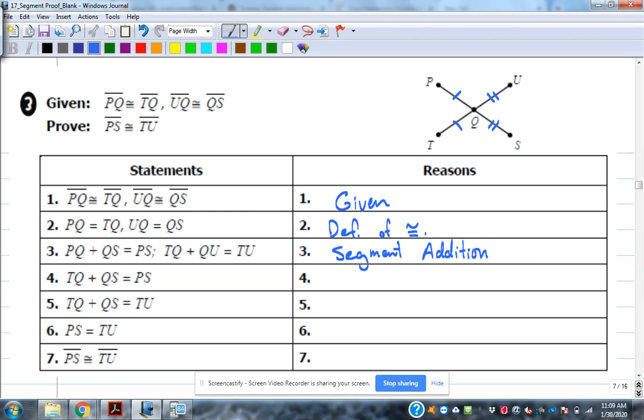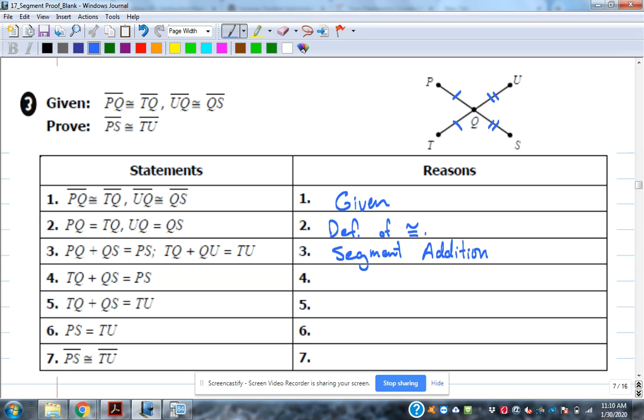All right. And then it says TQ plus QS is equal to PS. Okay, what else was equal to PS? It was PQ plus QS. What's changed here? There's not a PQ.